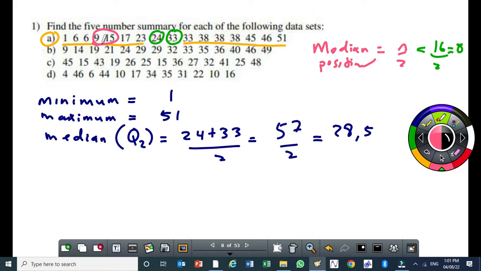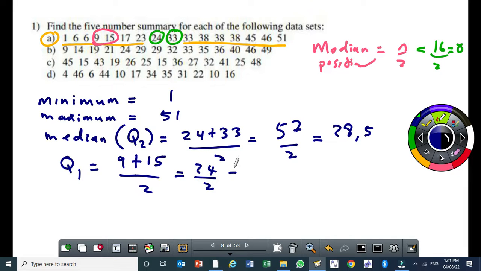So here I'm not going to write lower quartile. I'll just write Q1. Q1 is going to be equal to 9 plus 15 all over 2. This will be 24 over 2, and that's 12. Okay?